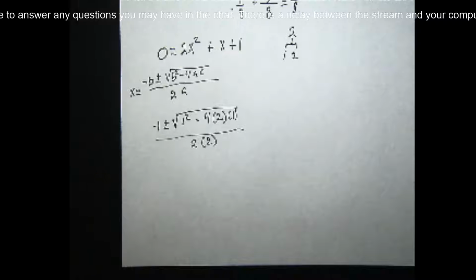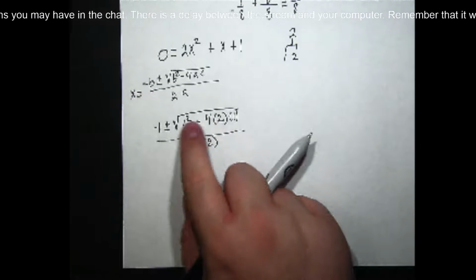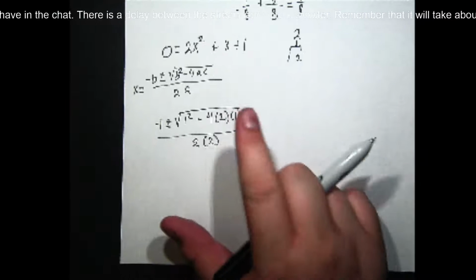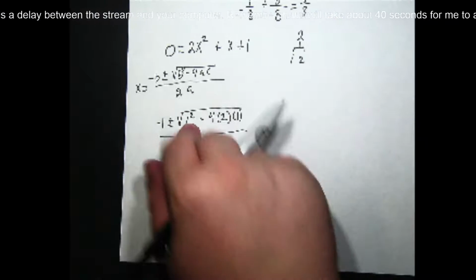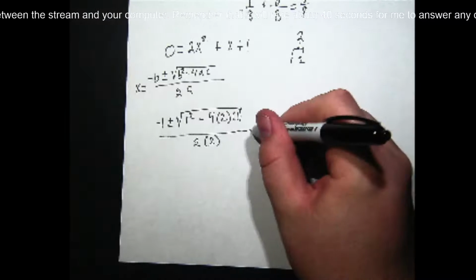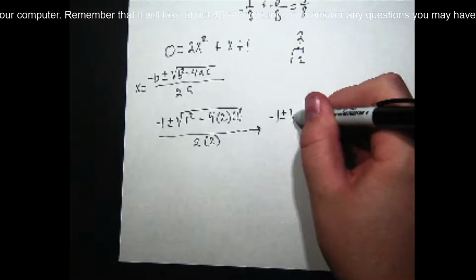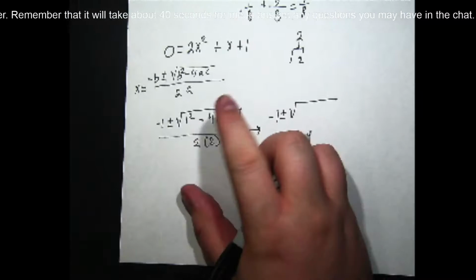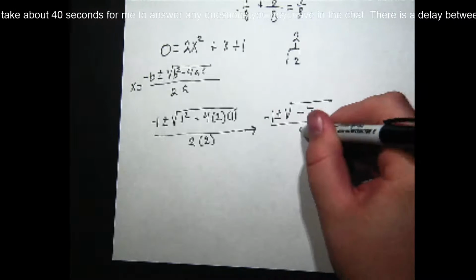Okay, let's see what we get. Obviously, we got to simplify in here some. So 4 times 2 times 1 is 8. 1 squared is 1. So we've got negative 1 plus or minus the square root of 1 minus 8. That's negative 7 all over 4.